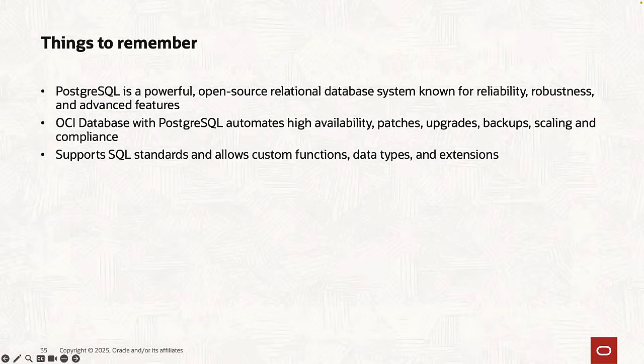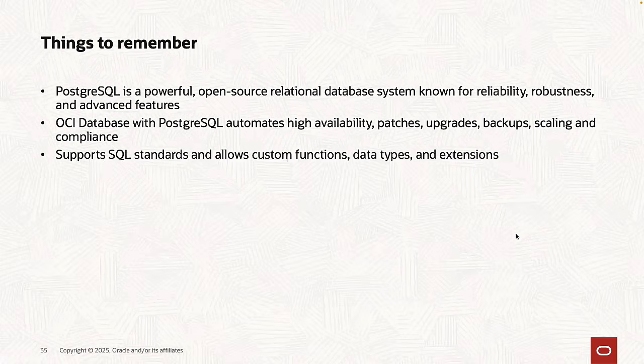Great. Awesome. So we're getting towards the end here. Things to remember: I'd like you to walk away with Postgres. It's a powerful open source relational database system. It's reliable, it's robust, and it has advanced features. So it's a really great solution for enterprise scale or for just getting started, really across the board, and it continues to gain popularity.